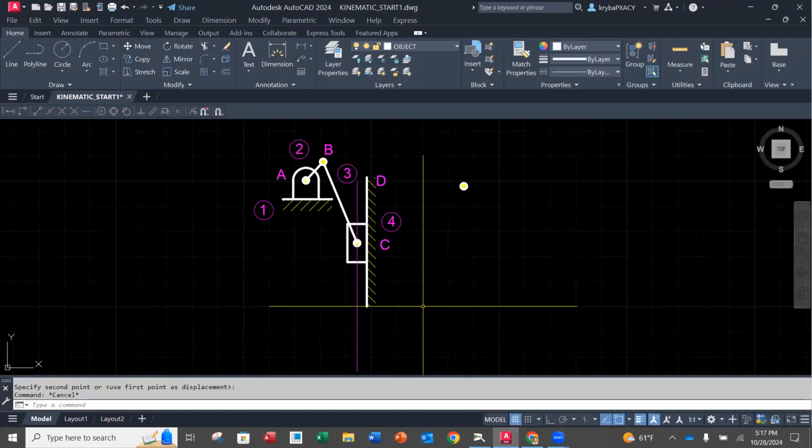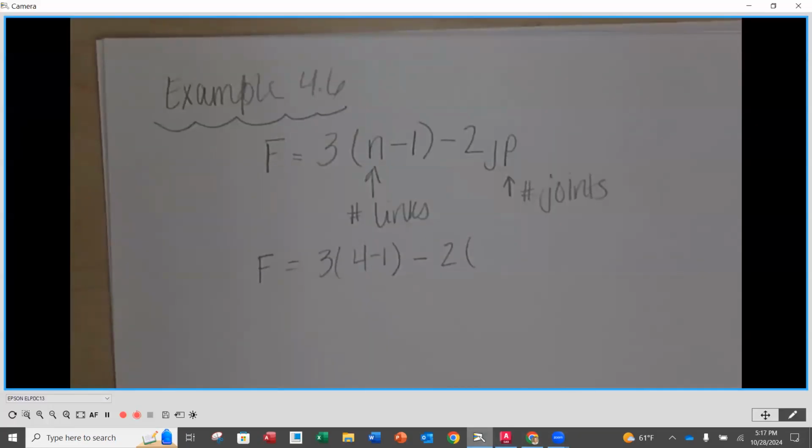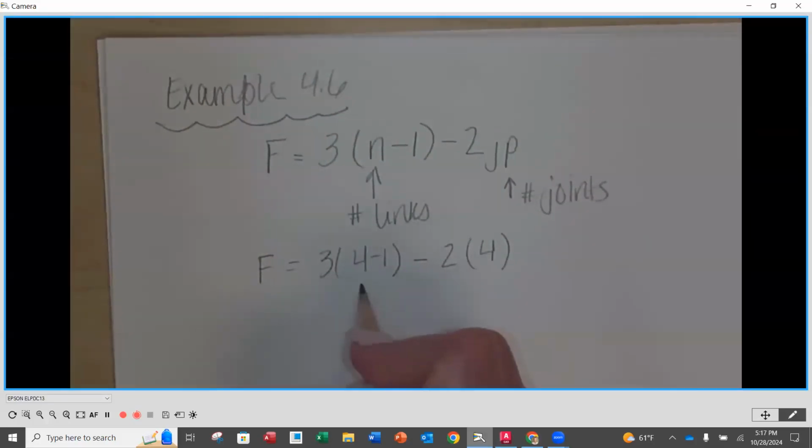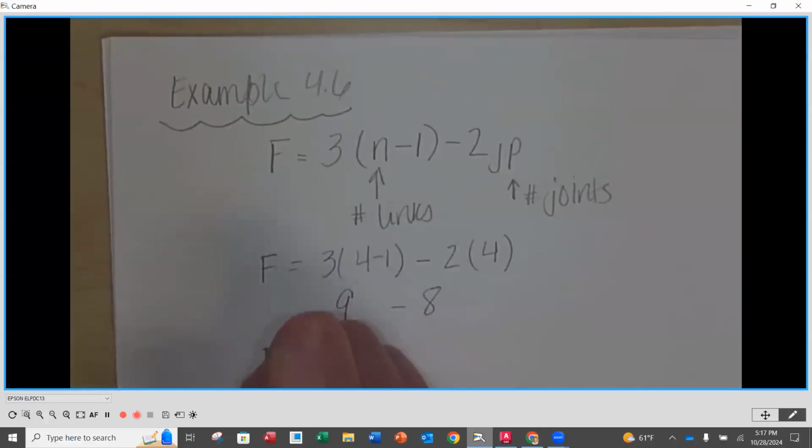If I go back over here, A, B, C, and don't forget D. D is a primary joint. A sliding joint is a primary joint. So that's going to be times 4. So if we do the math here, this is going to be 9 minus 8. So F is equal to 1.